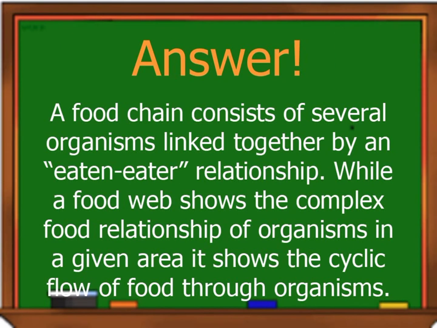A food chain consists of several organisms linked together by an eater-and-eaten relationship, while a food web shows the complex food relationship of organisms in a given area, and it shows the cyclic flow of food through organisms.